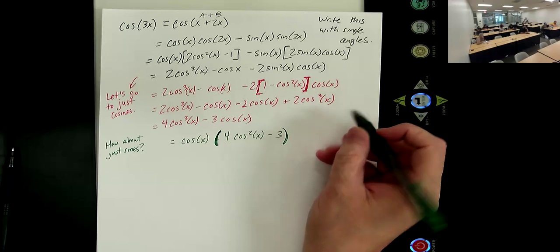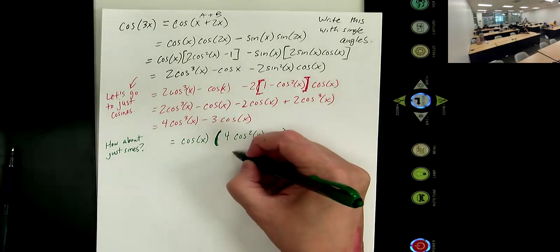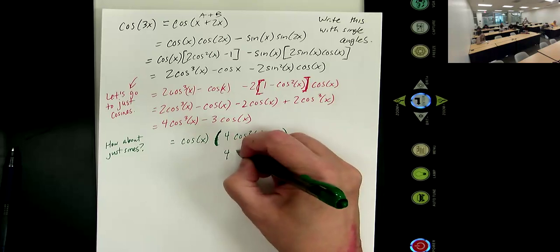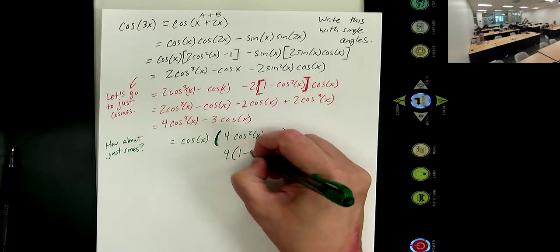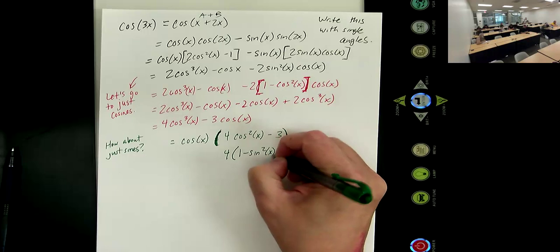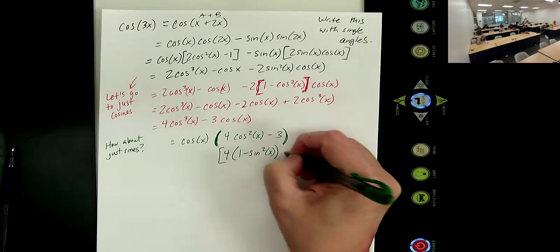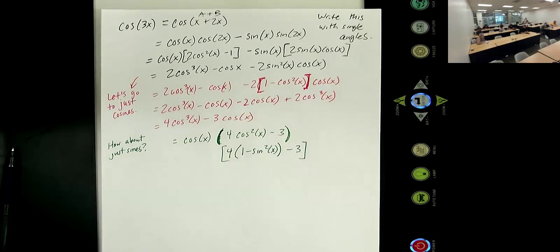This one gets kind of ugly. The 4 part is fine, cosine squared is 1 minus sine squared. That gets that part gone. The question is switching cosine x to sine x.